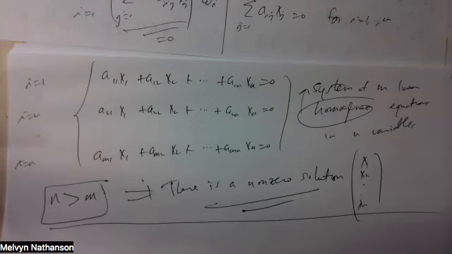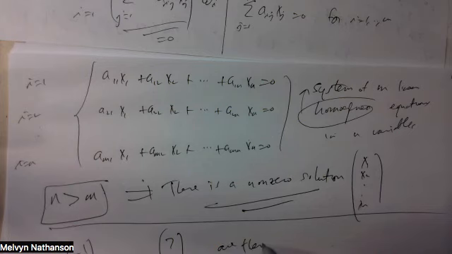Maybe just to have a pause for a second, here's a problem. Suppose I give you the vectors (-1, 3) and (7, 8).